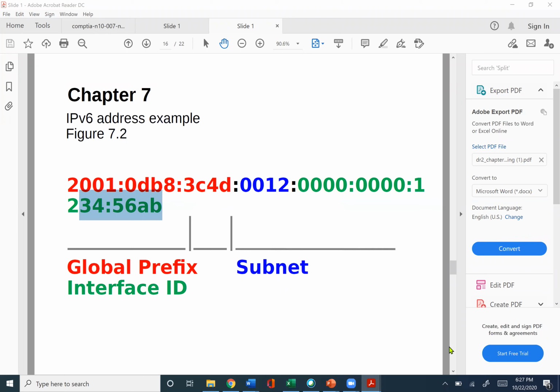The global prefix is similar to the MAC address, where the first digits represent the manufacturer. We said the MAC address is 48 bits, and the first 24 bits are literally for the manufacturer. So all HP devices will have the same first 24 bits.